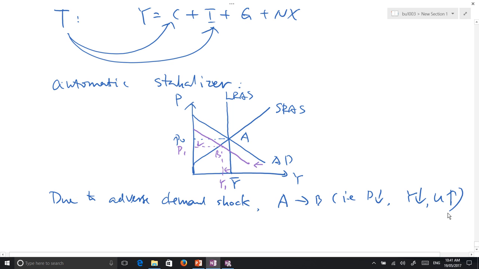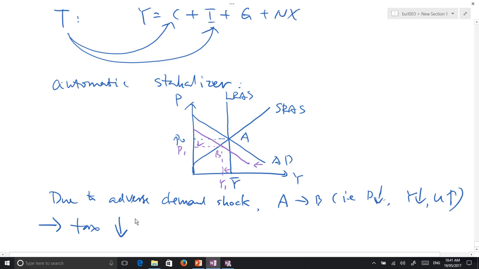Given this, income goes down. Output goes down means income goes down, so tax will go down.